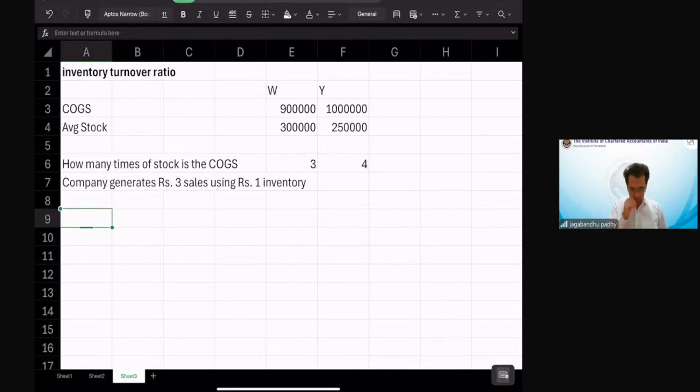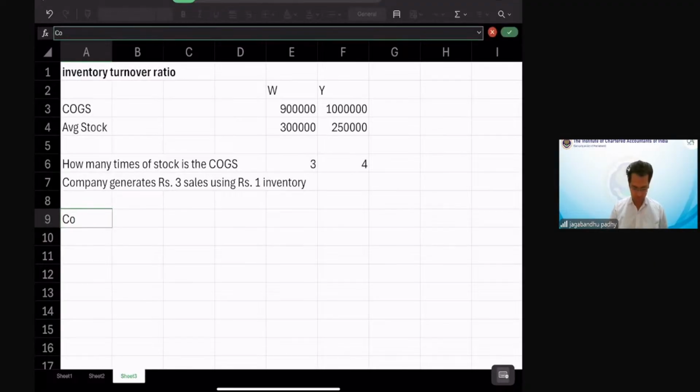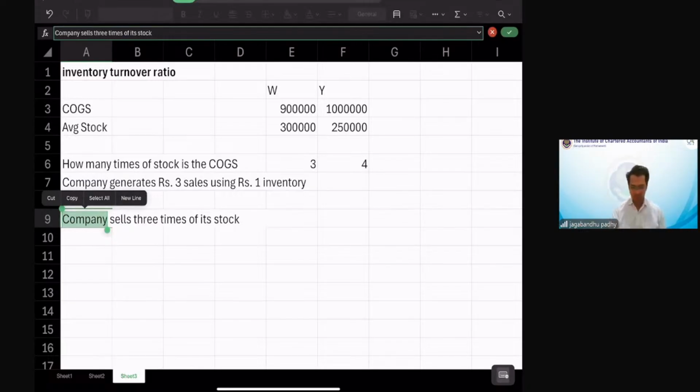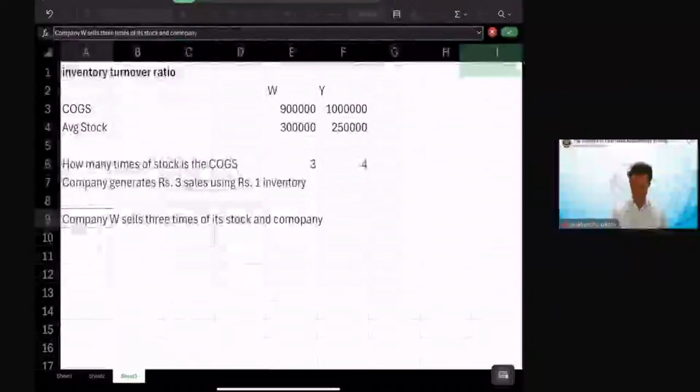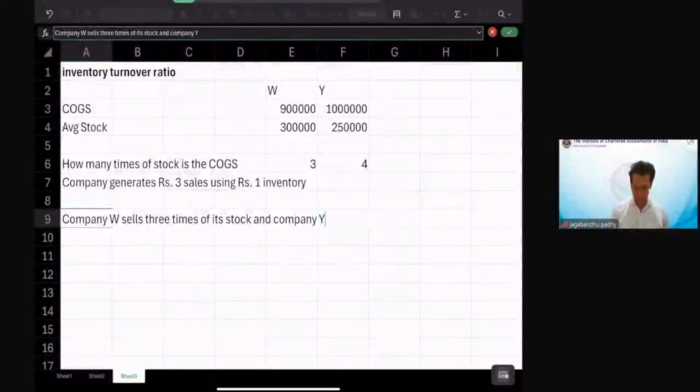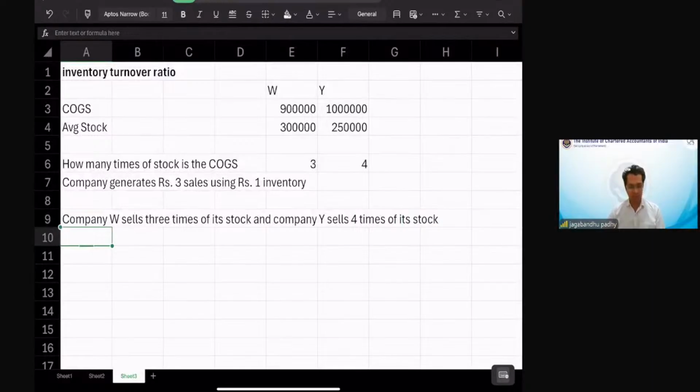Right, guys. So, we can also look at it in another way that company W sells 3 times of its stock, and company Y sells 4 times of its stock.